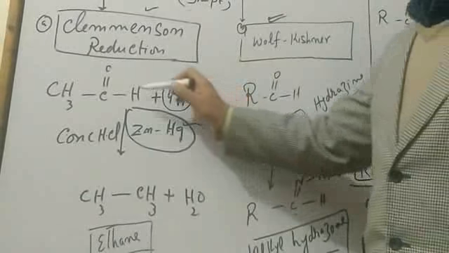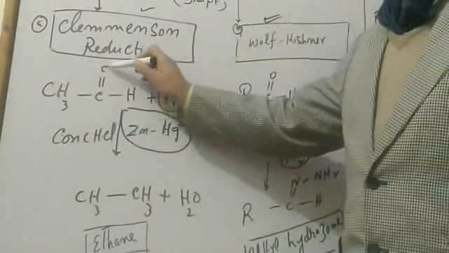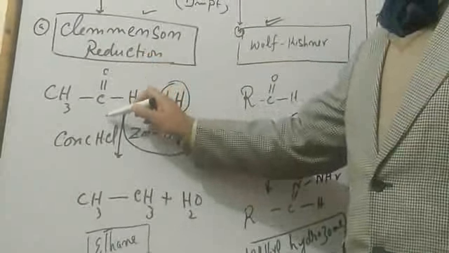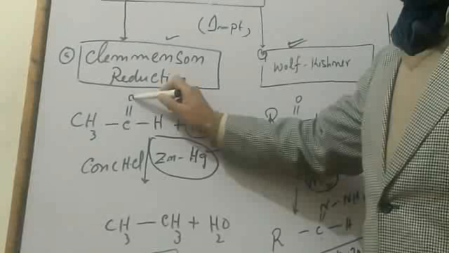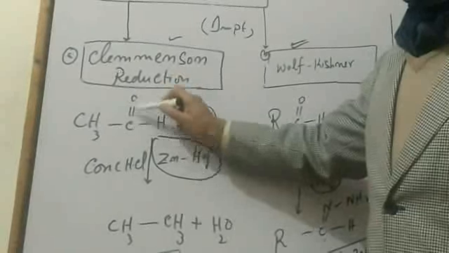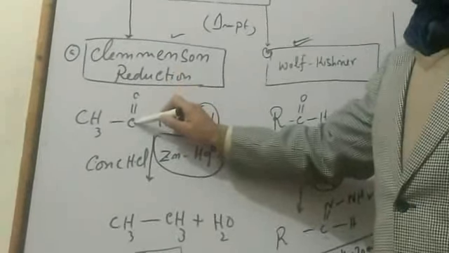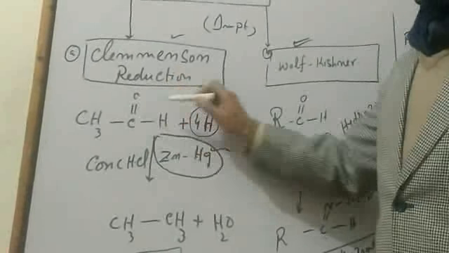How? 2 hydrogens are added across the carbon-oxygen double bond. This is one addition of hydrogen, which is called reduction, as I have told you. Two hydrogens are used in converting the carbon-oxygen double bond into a single bond.